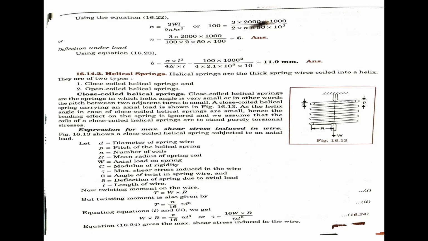Expression for maximum shear stress induced in wire. Figure 16.3 shows a closed coil helical spring subjected to an axial load. How to derive this?